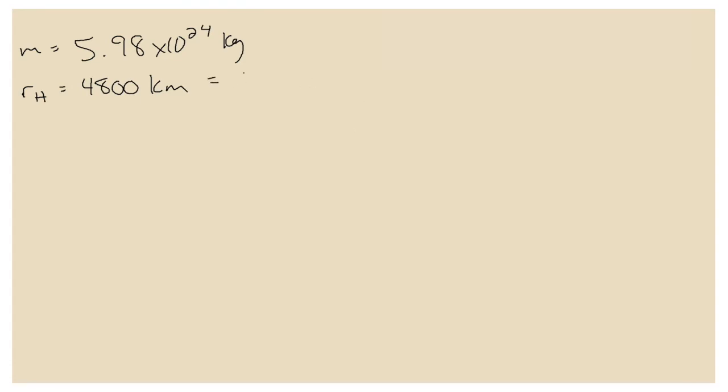And so this in meters is going to be 4.8 times 10 to the 6 meters. Now notice this would be 4.8 times 10 to the 3 kilometers, but then you have another 3 for the kilometer, so it makes it 10 to the 6. And so we have the radius of the Earth here, which I'll just write RE, is 6.38 times 10 to the 6 meters.